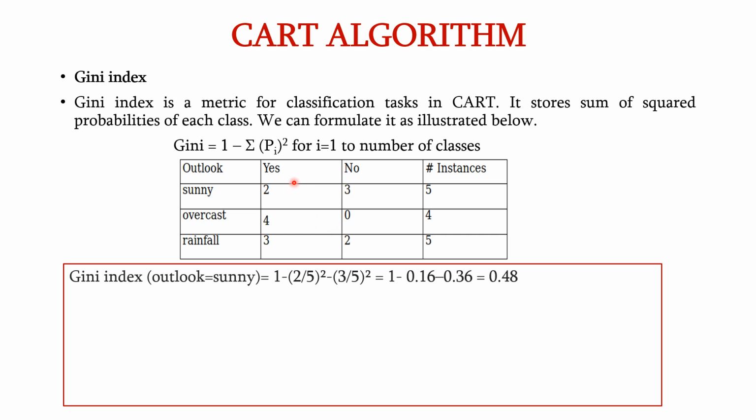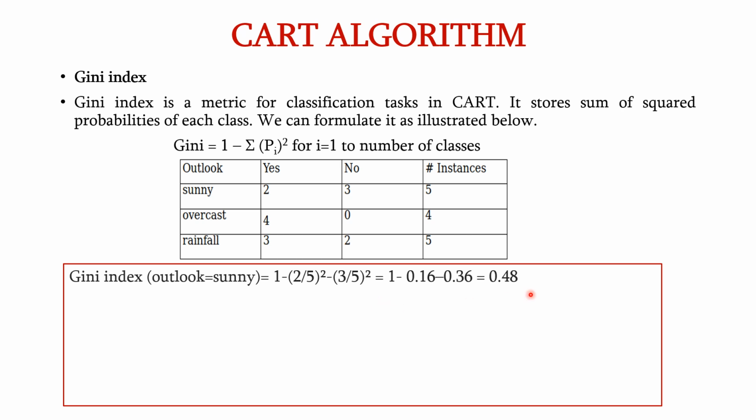Here we have two class labels, yes or no. So 2 yes instances divided by the total number of instances 5, whole square, minus 3 no instances divided by the total number of instances 5, whole square. That is equal to 0.48.